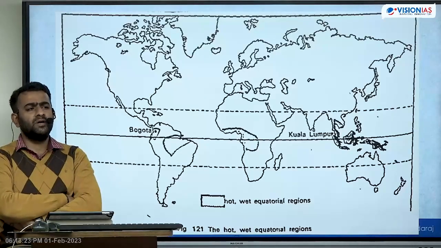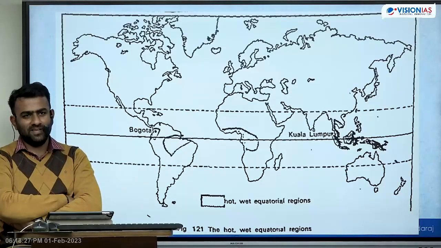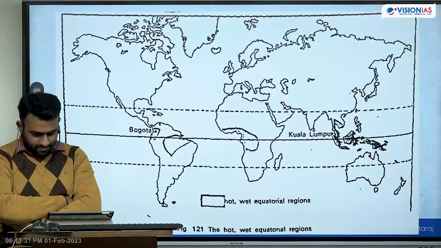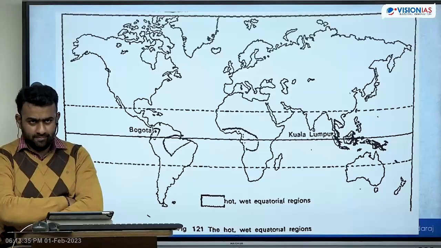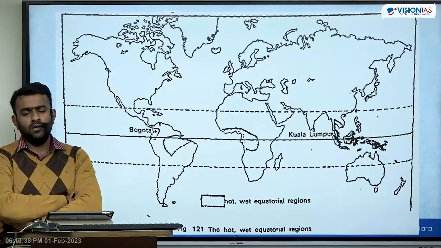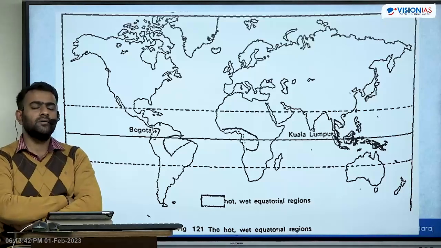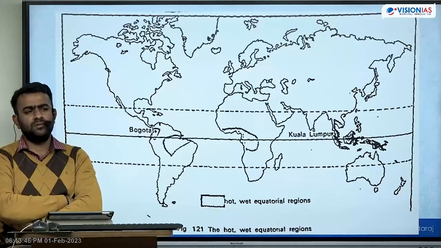What do you mean by evergreen? It remains green throughout the year. That is what is evergreen. What is the other type of vegetation?